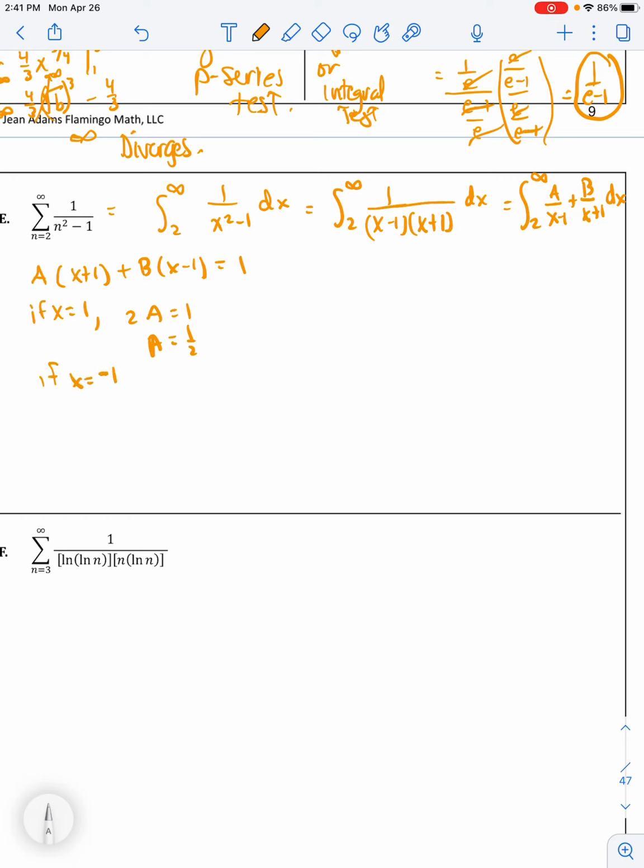If x is 1, then 2A equals 1, so A would be 1/2. If x is negative 1, then negative 2B equals 1, and B will be negative 1/2. And so the limit as b goes to infinity of the integral from 2 to b of 1/2 over x minus 1 plus negative 1/2 over x plus 1 dx.